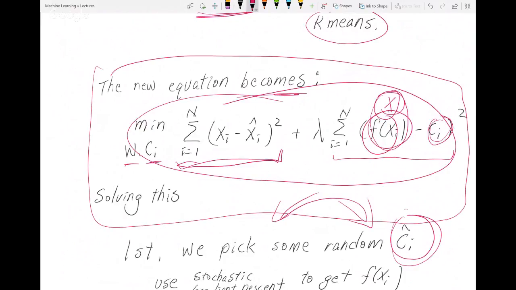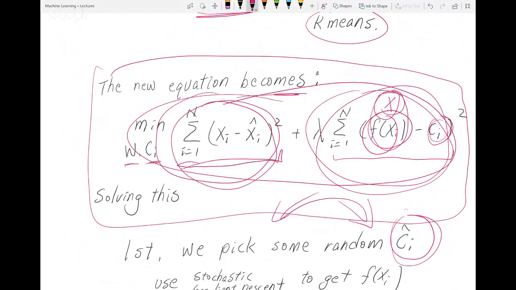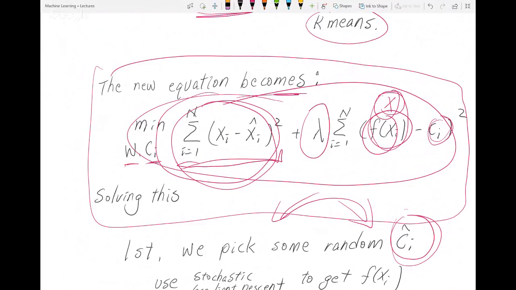I think there are more details to it, but the key is to understand what they're trying to do, which is to combine the autoencoder with the idea of k-means.